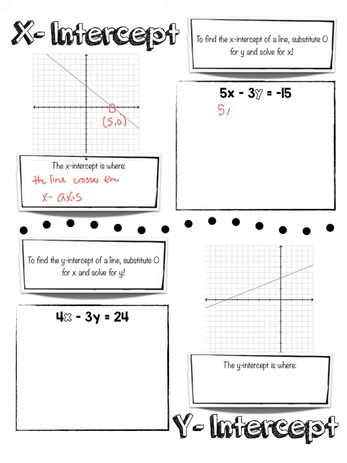So we end up with 5x minus 3 times 0 equals negative 15. 5x minus 0 equals negative 15. 5x equals negative 15. Divide by 5. X equals negative 3 in this equation.